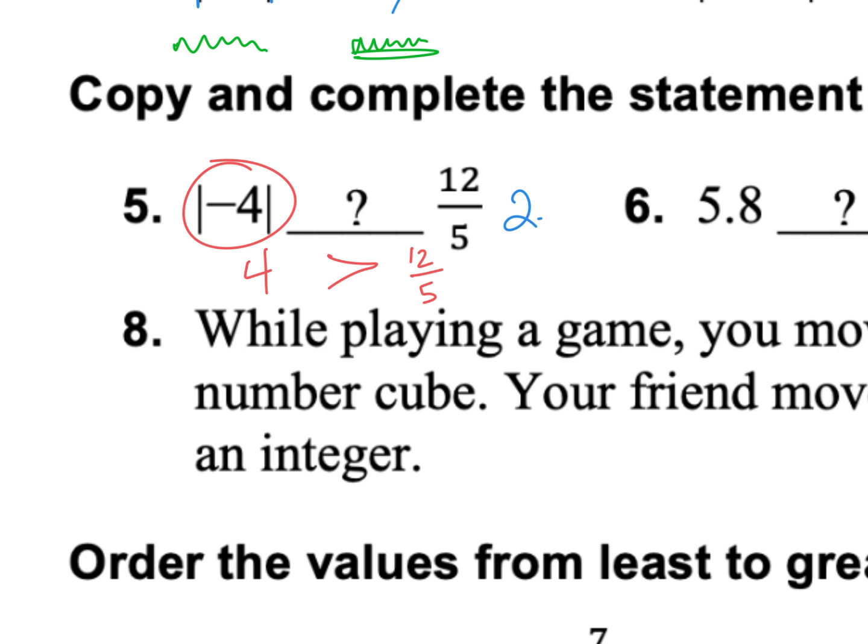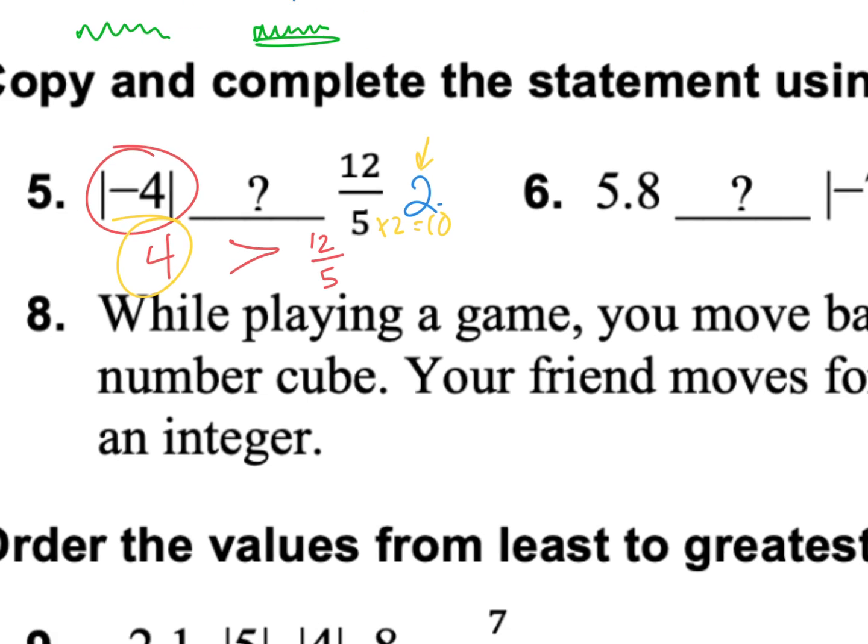And if you're like, wait, how did he get 2 something, and why just 2 something instead of like 2.4 or whatever it really is? Well, I don't really need to do all of the math in order to figure this out, because 5 times 2 is 10, and so this is 12, which is pretty close to 10. So again, that's why this is 2 something, and 4 is bigger than 2 something, right?